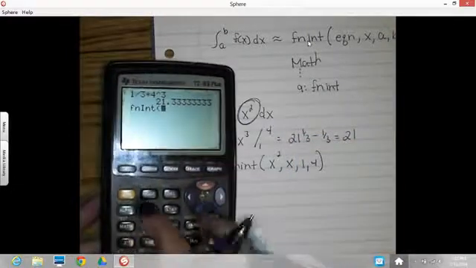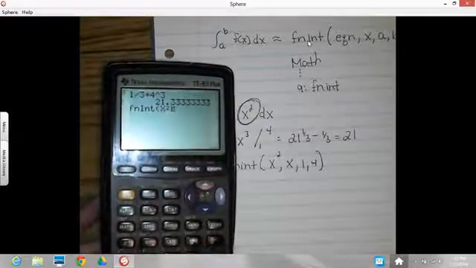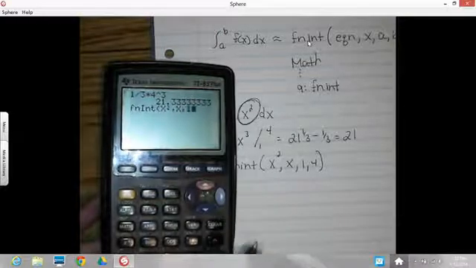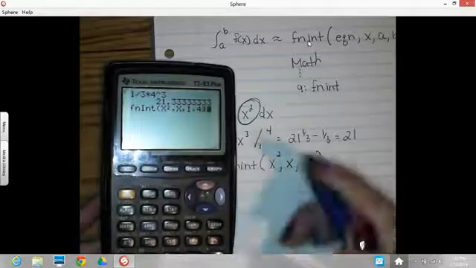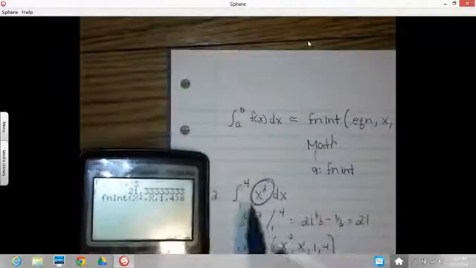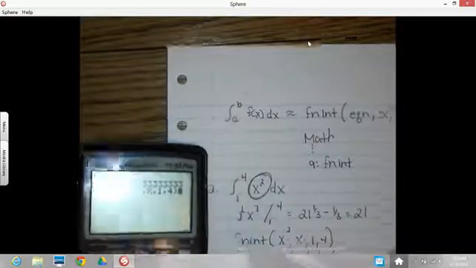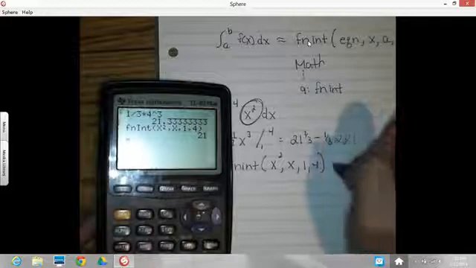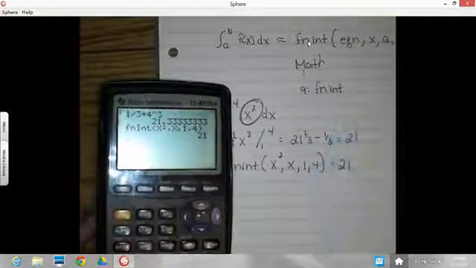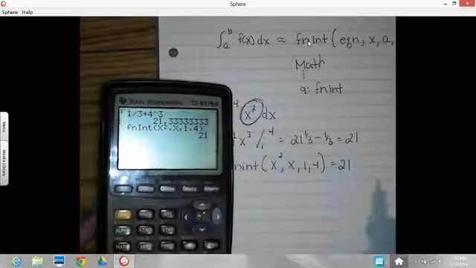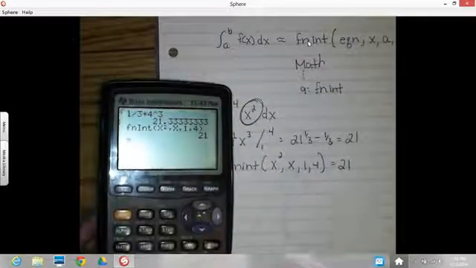So x squared is my equation, comma x is my letter, comma 1, comma 4. You people with a newer operating system, go ahead and try something, but I think it actually looks like this, if I remember correctly. And it comes up with 21. So if you can type it in here correctly, you'll be able to use it as a check for your problems on the test.